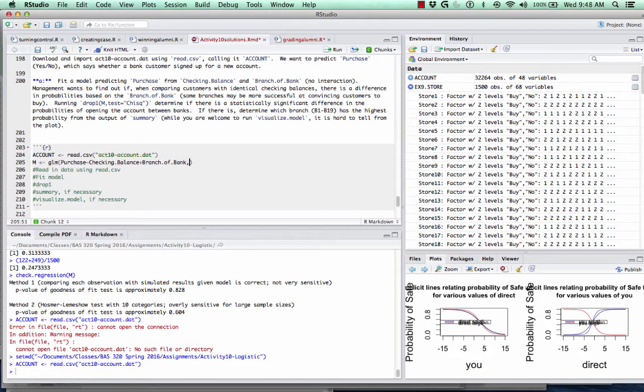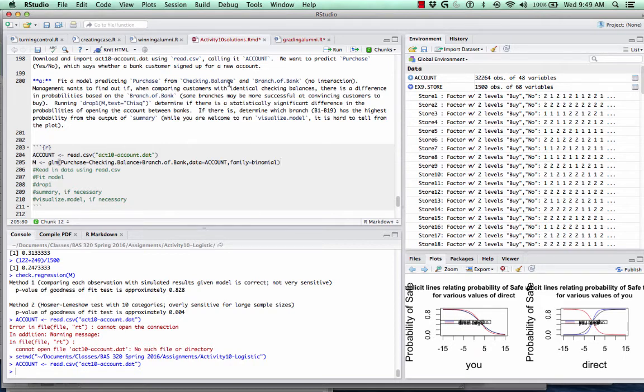No interactions here because I said let's just skip them for now. Because what we're really interested in knowing is, is there any difference in the probabilities of opening up this account based on the branch of bank here? Maybe some branches are more effective at convincing customers to buy than others. And customers that have larger checking balances may have a higher probability of making this purchase as well.